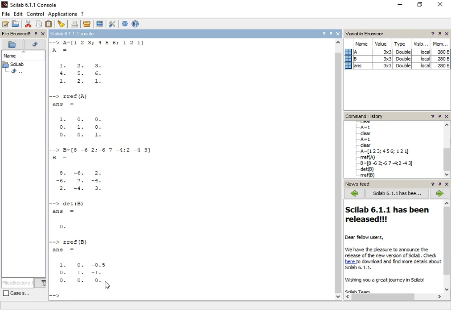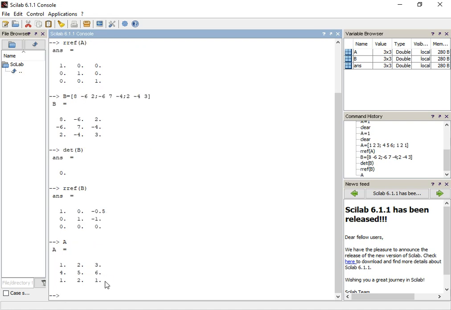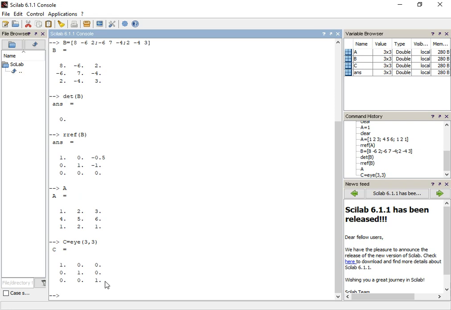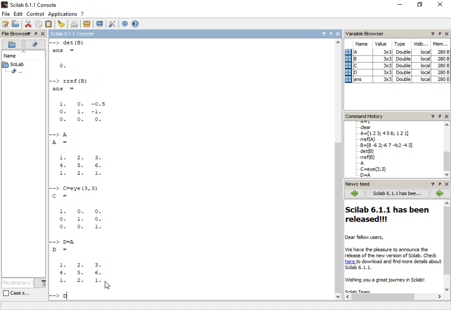Now I want to find the inverse of matrix A using the RRE form. So first of all, let C be the identity matrix of 3 by 3. Now I consider D as A, adding this 3 by 3 identity matrix, which means I am forming the augmented matrix.